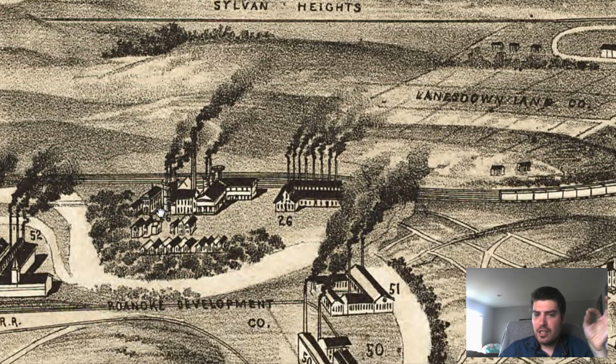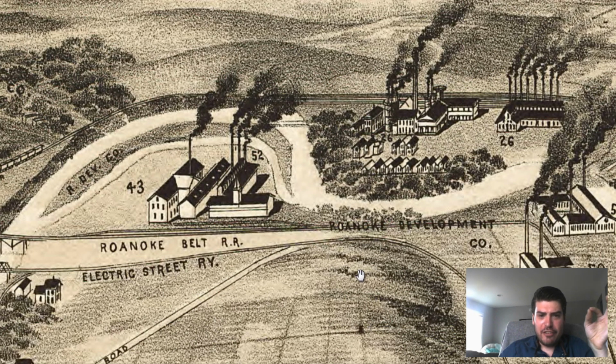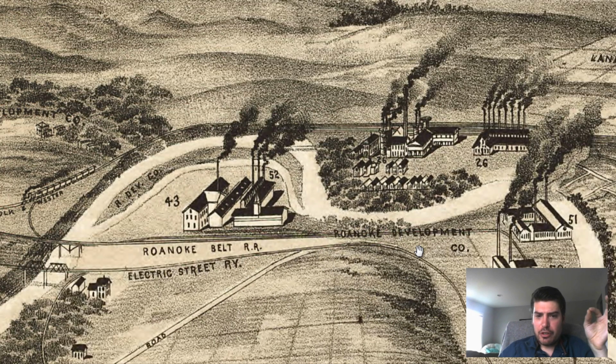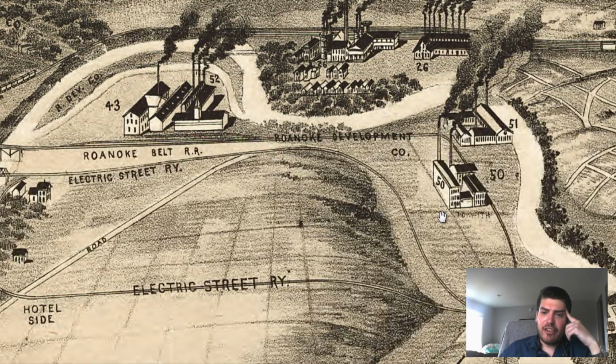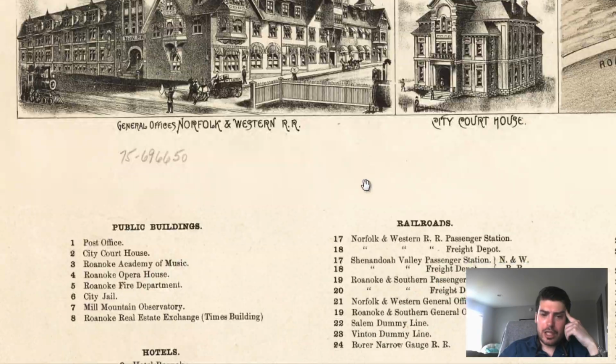So we can see the 2 different facilities. Let's look at 52. This was on the Roanoke belt. You can see Roanoke Development right here, and it's very close to an ironworks. Fascinating. 50 and 51. Let's see if those have anything to do with possible railroad works.